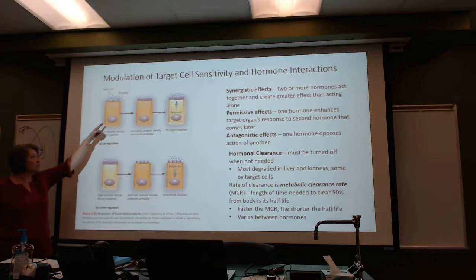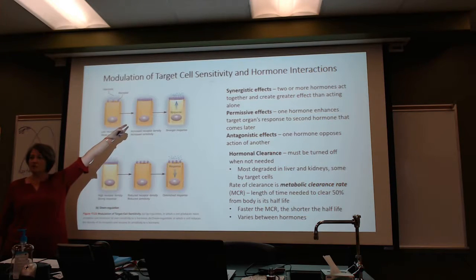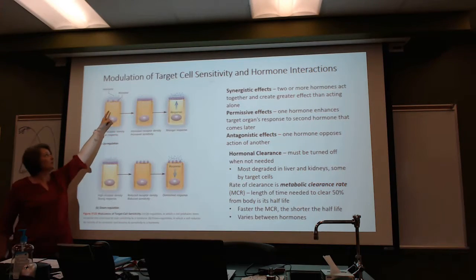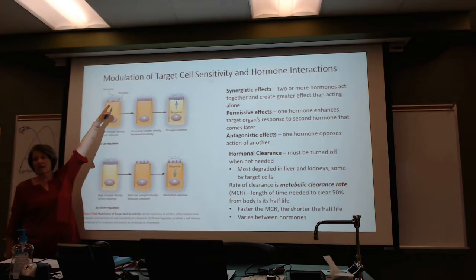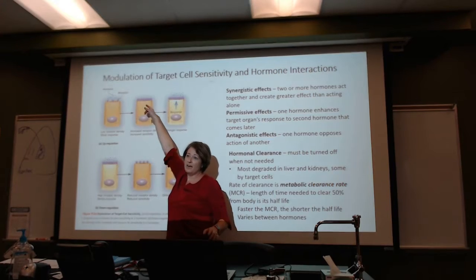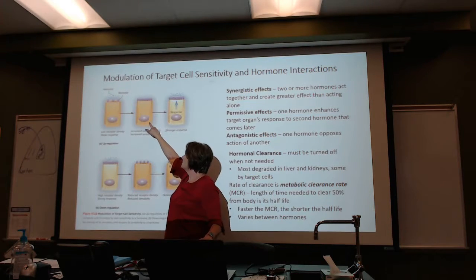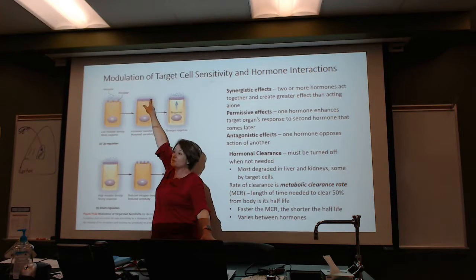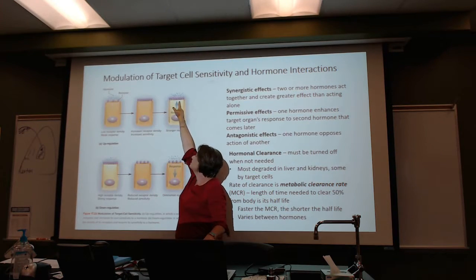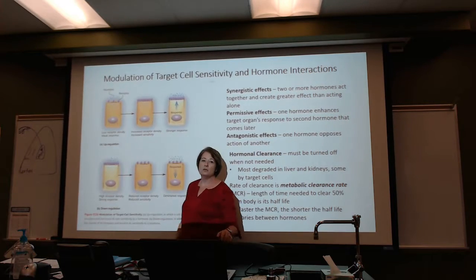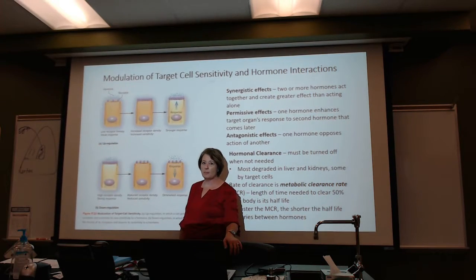They can change the number of targets, the receptors on the cell. So if this cell has a receptor for that hormone and it's got a bunch of it on the outside of the cell, it can actually quickly make more receptors to accept more of the hormone and make more of the product.